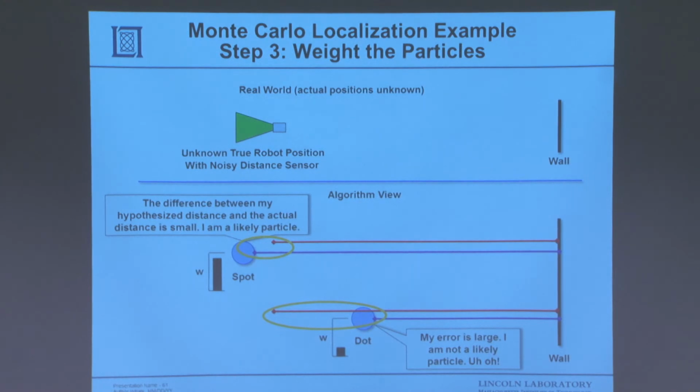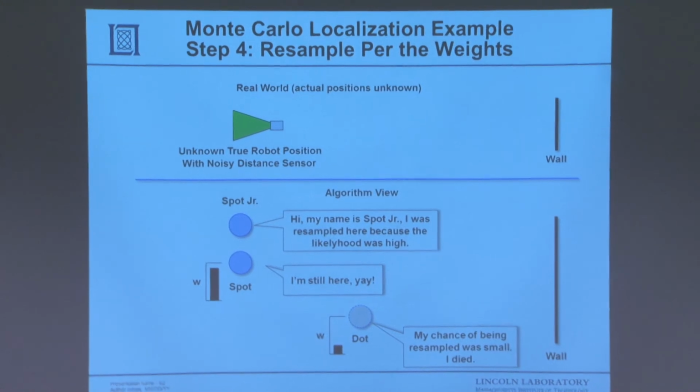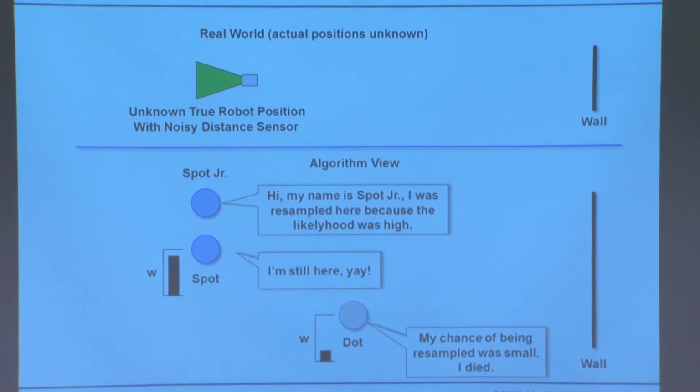And then, this is the sad part. The dot particle was not weighted very highly, so it effectively died out when we resampled our particles. For all of our different particles, we select new ones based on the previous iteration's weighting. The spot particle was weighted very highly.